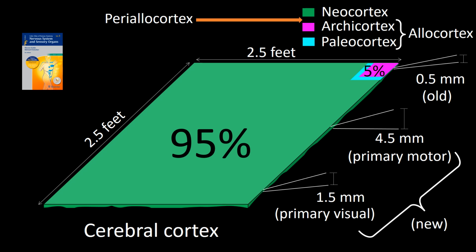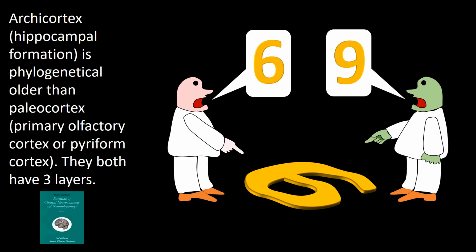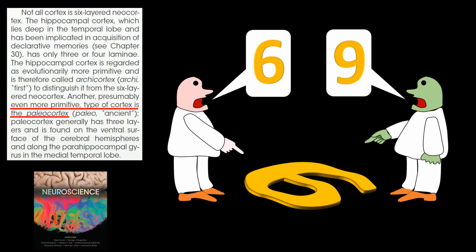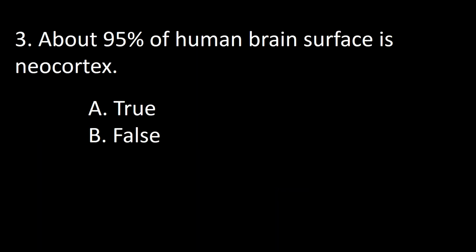There is one more thing I must mention regarding the evolutionary classification of cortices. Some authors believe that the archicortex and not the paleocortex is the oldest evolutionary cortex. For this talk, we will consider paleocortex as being the oldest. So the answer to this question is A.